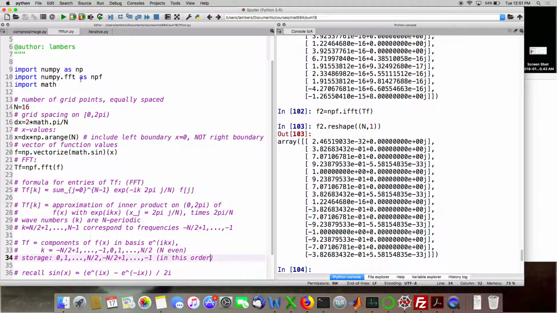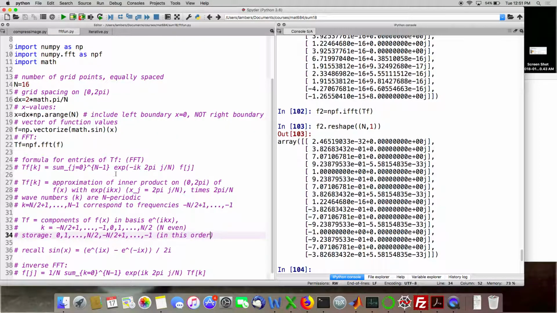It cuts it in half, because if I replace k with minus k, all it does is give you the complex conjugate in a case where f is real. So the real versions of FFT functions take advantage of that to reduce storage.